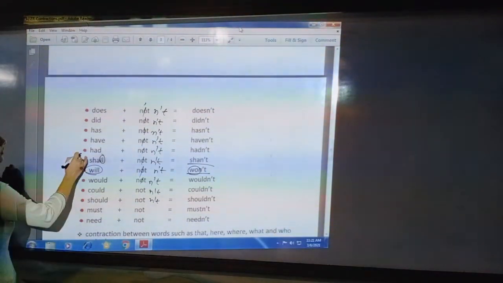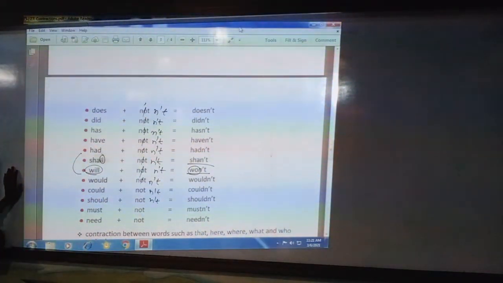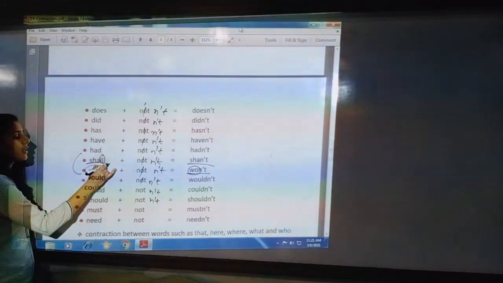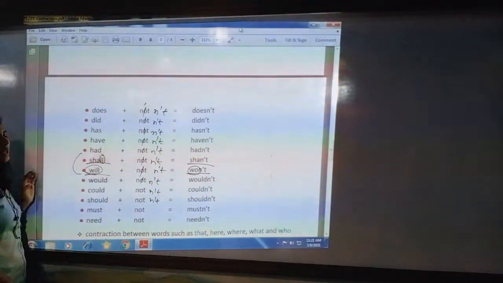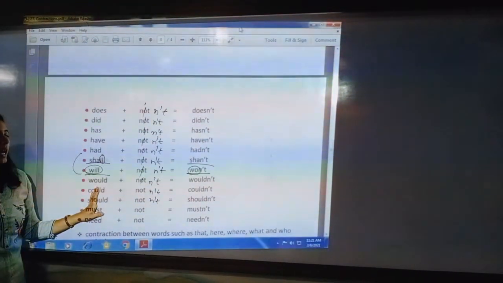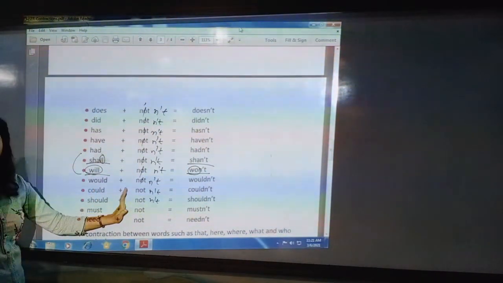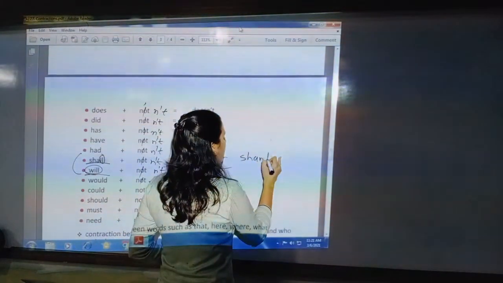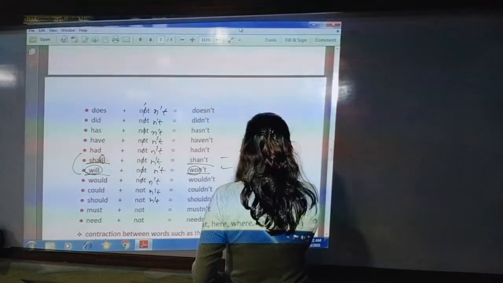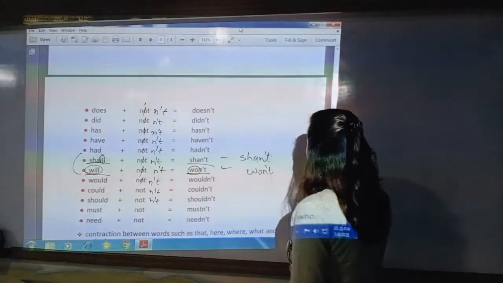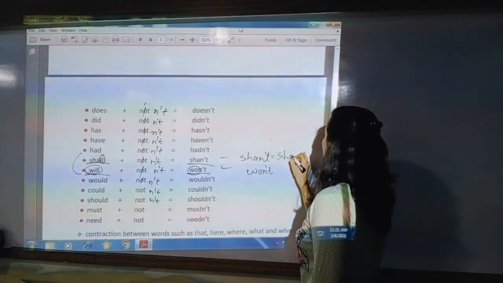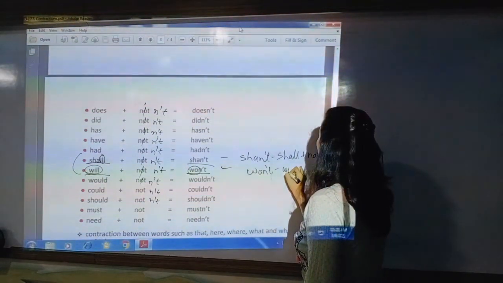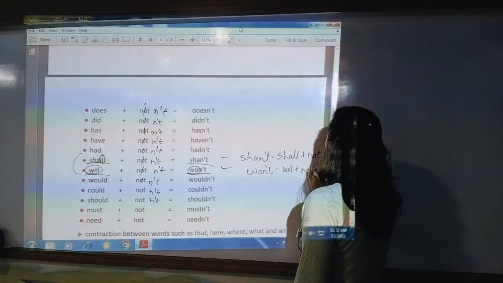Only for shall and will, you have to remember that in the contraction, letters will be eliminated from the first word and also from the second word, and it will become shan't and won't. That means shall plus not and will plus not.